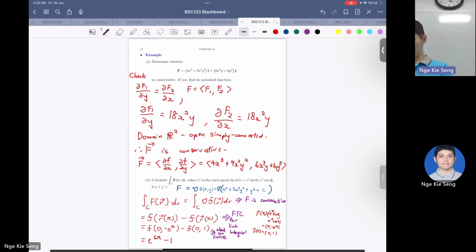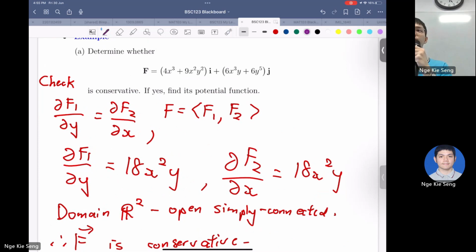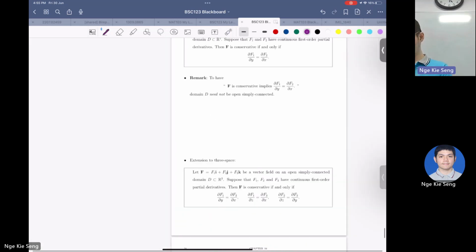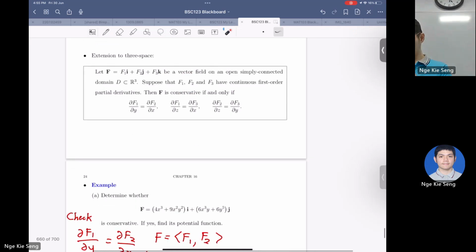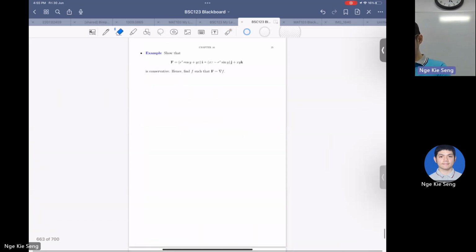Of conservative. So the proof of conservative, I just use theorem. Yeah, proof of conservative, we just use theorem. Yeah, we just use this equation here.